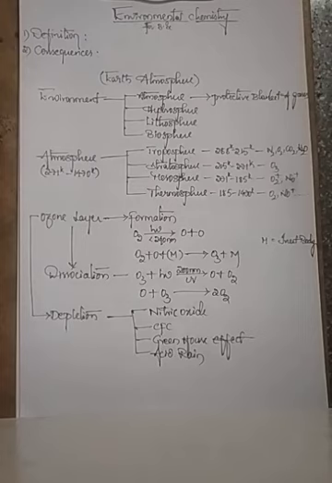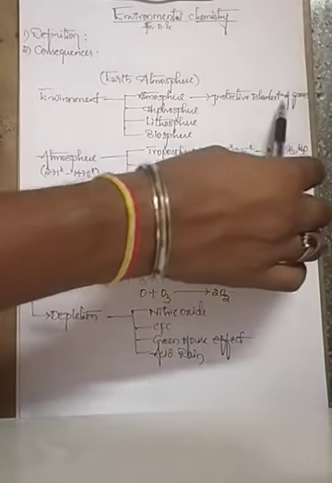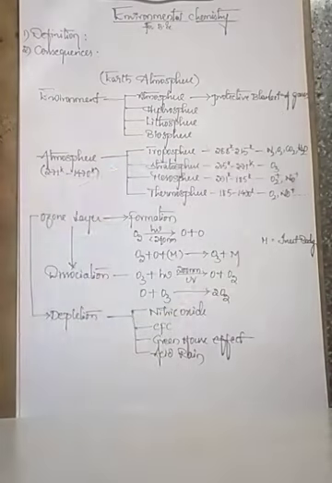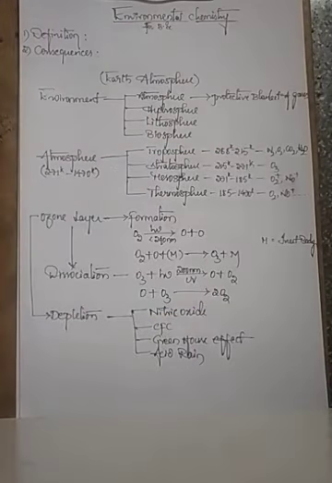This atmosphere is a protective blanket of gases. Why is it called a protective blanket of gases? Because it stops the absorption of electromagnetic radiations from the sun. That means it does not allow the electromagnetic radiations into the Earth's atmosphere. What are electromagnetic radiations?